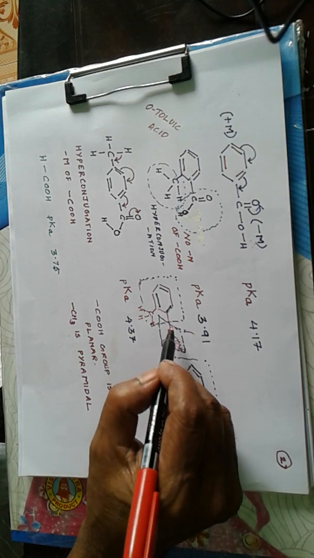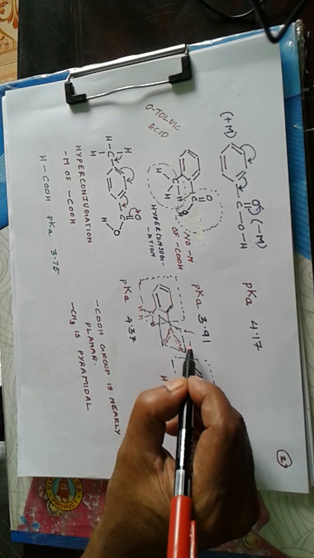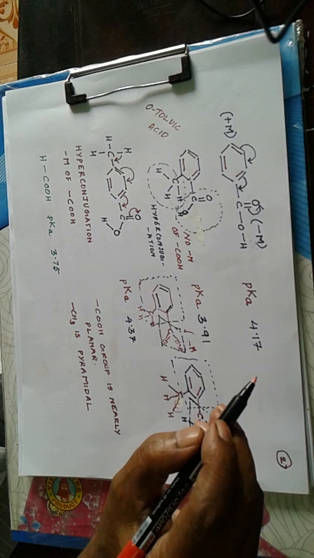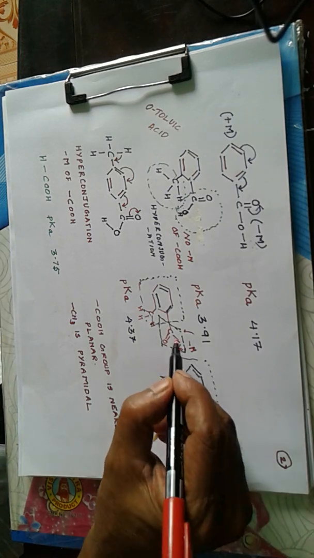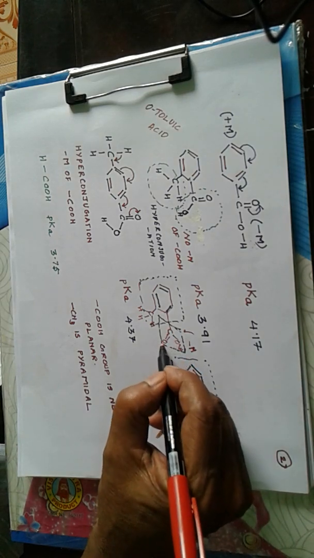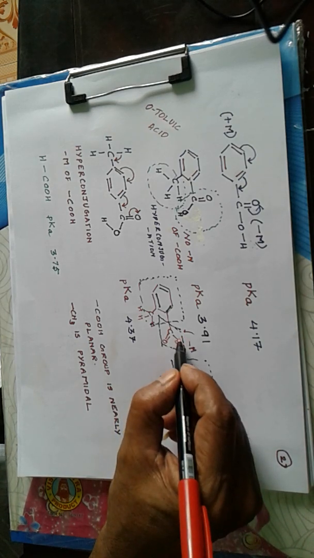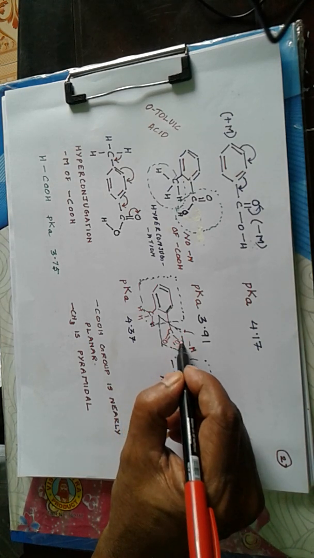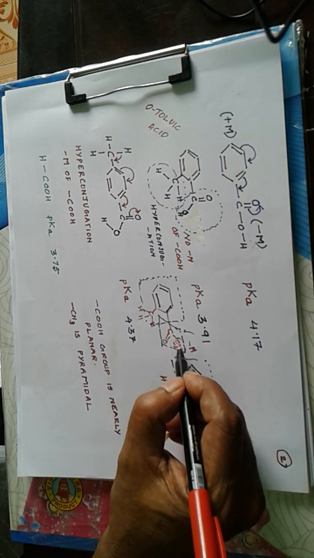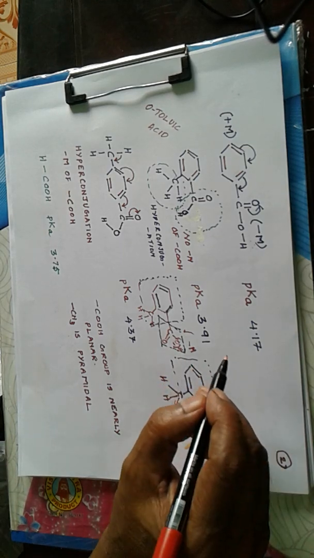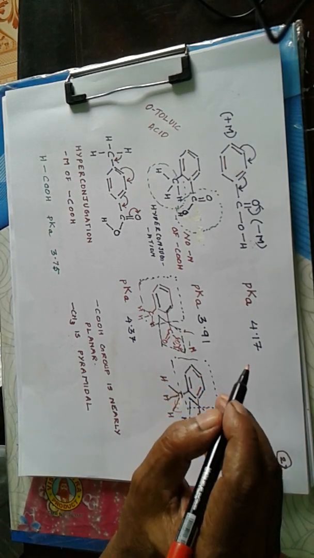When electron transfer by the minus M effect of the COOH is prevented, then electron density in the COOH group decreases, so that electron density around the oxygen atom of the OH group decreases, so that this oxygen will have a higher tendency to take up the electron pair in the OH bond, making it acidic.